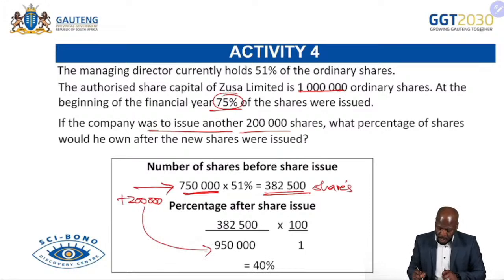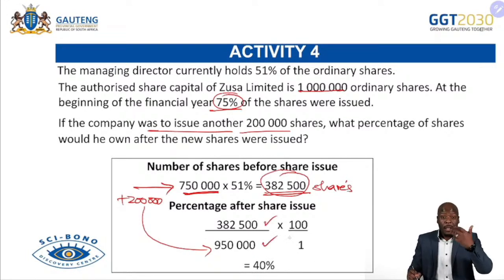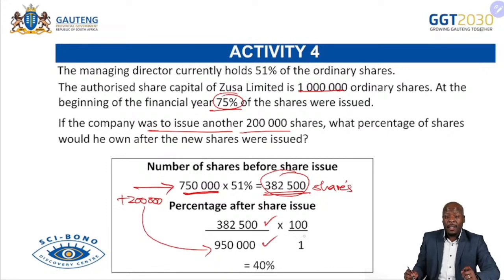And remember, his number of shares remains the same at 382,500. What percentage of shares would he own? So you say 382,500 divided by the new number of shares, 950,000, and then you get 40%.